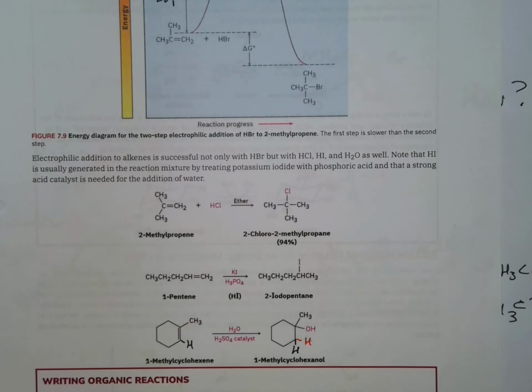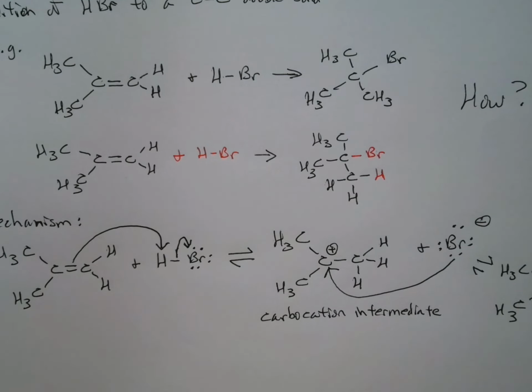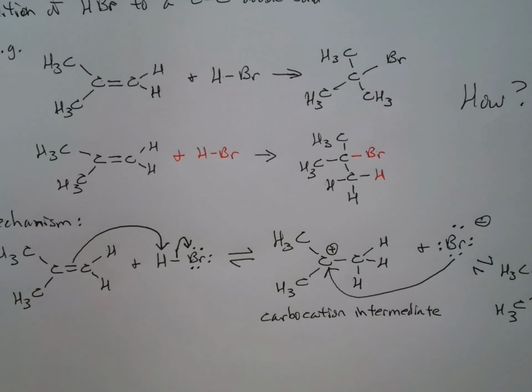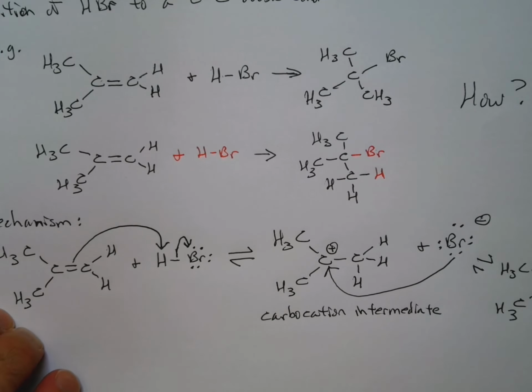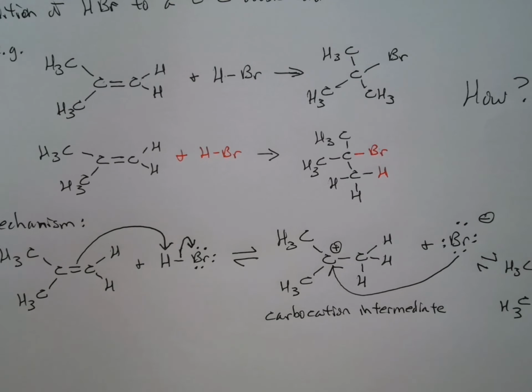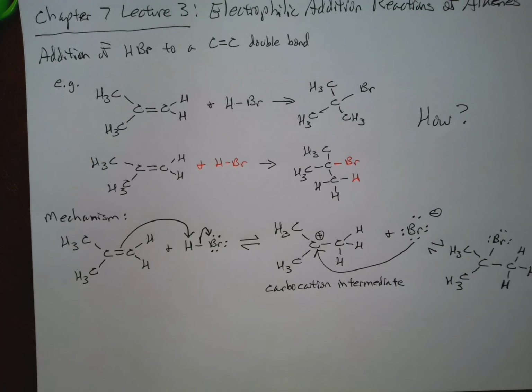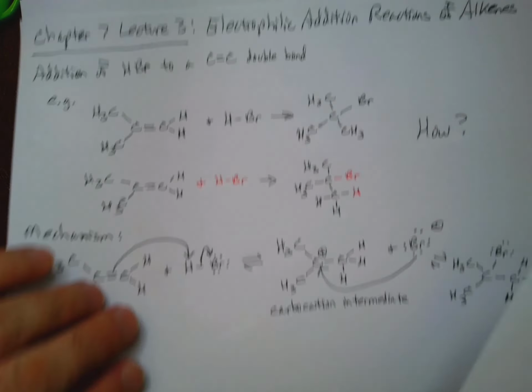Okay, so that's what's going on with these types of reactions, and the addition of HBr is a particular type of electrophilic addition to alkenes. There is an aspect of this that I do want to talk about in a little more detail. Let me zoom out again. Sorry about that. There is an aspect that I do want to just talk a little bit more about, and that's the following.